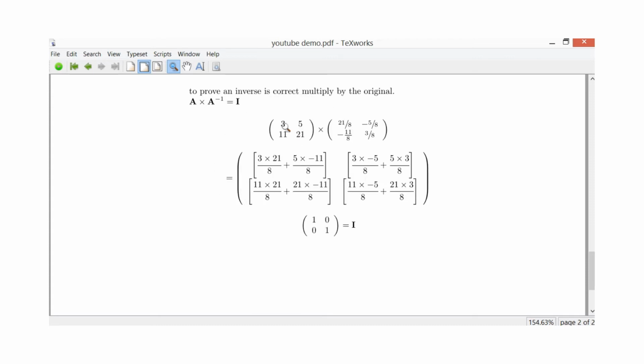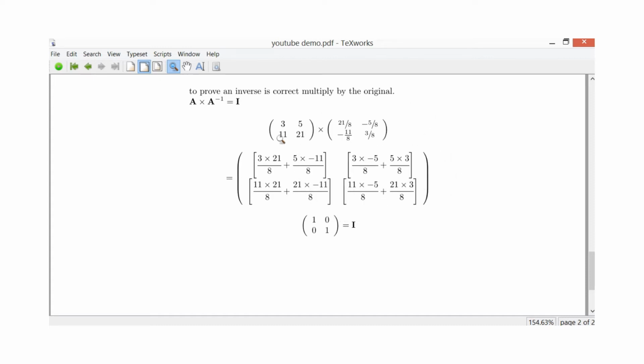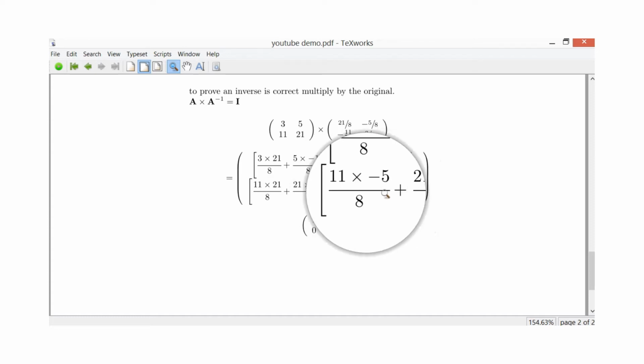Top right will give us 3 times minus 5 over 8 plus 5 times 3 over 8, which gives us this one here. Then bottom left, 11 times 21 over 8 plus 21 times minus 11 over 8. That's this one here. And then bottom right, 11 times minus 5 over 8 plus 21 times 3 over 8. That's that one there.